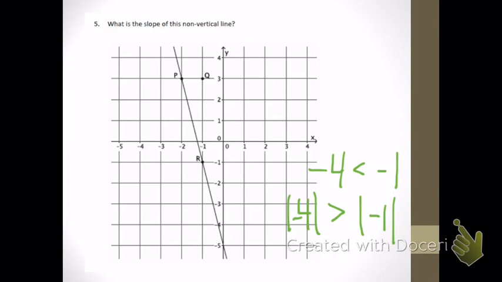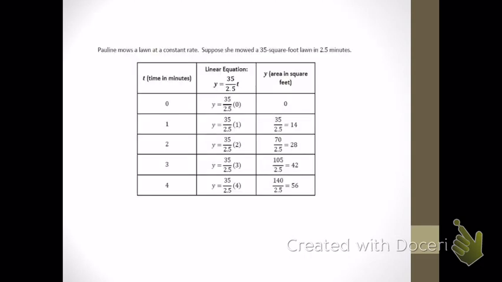Okay, so we have one more example to look at, and you're going to see some problems like this in your problem set. This is from lesson 11, I believe, and it's a lawn mowing problem. So you plotted these points. You found out that Pauline could mow 35 square feet in 2.5 minutes.